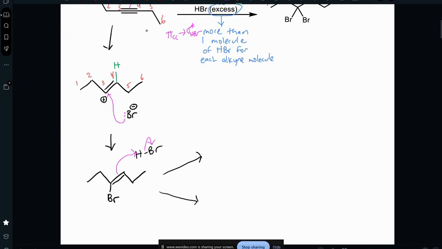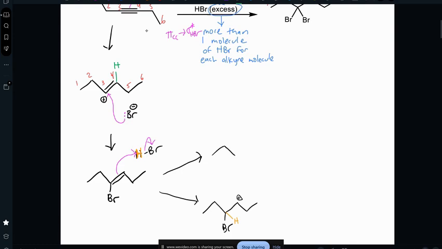And now I have a choice, and it's not an arbitrary choice. I have two options. I could leave the carbocation on carbon 3 or on carbon 4. In other words, with this new hydrogen that I'm adding, I could add the hydrogen to carbon 3, and that would leave a carbocation at carbon 4.